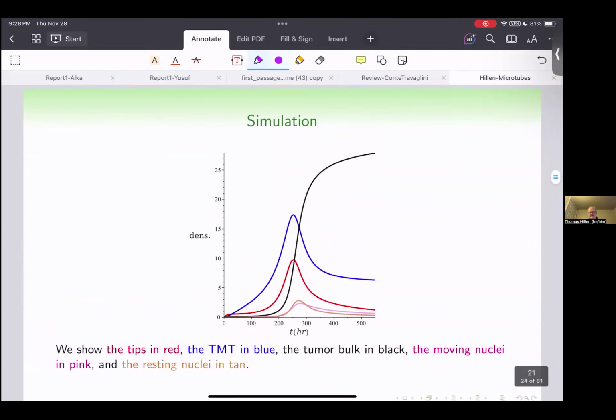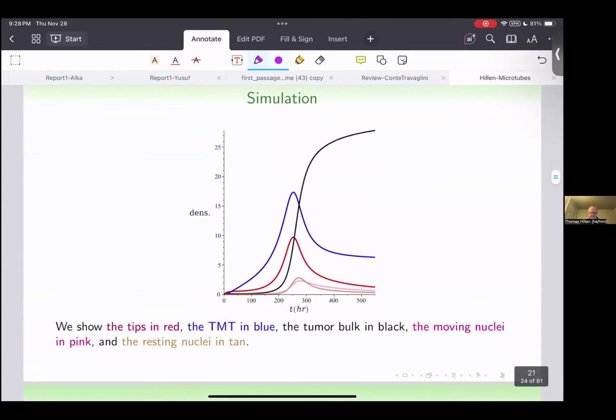Okay, the simulation is interesting. So look at this. Here we simulate the 5 compartments over time. Here's time in hours. And so what you should see, and I think you see it very clearly, is at the beginning here, the first thing which shows up is red, and then it is followed by the blue very quickly, right? And red is the tips, and blue are the microtubes.